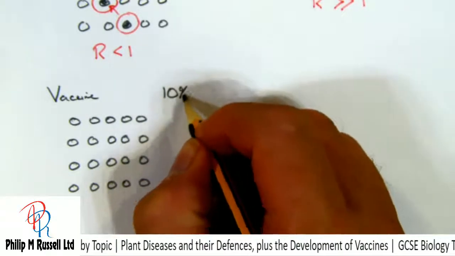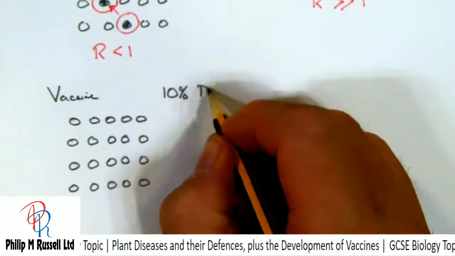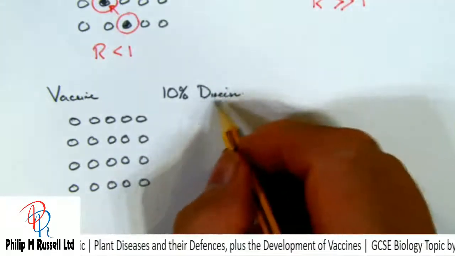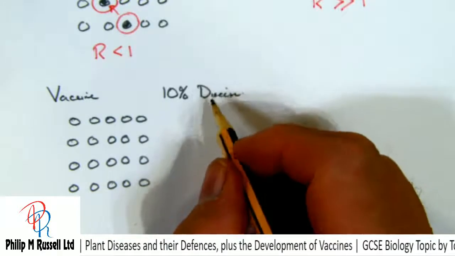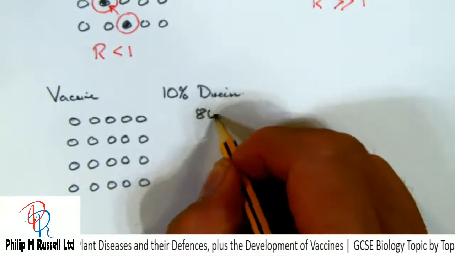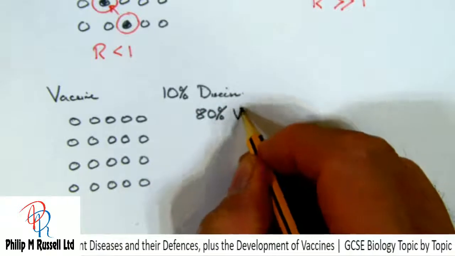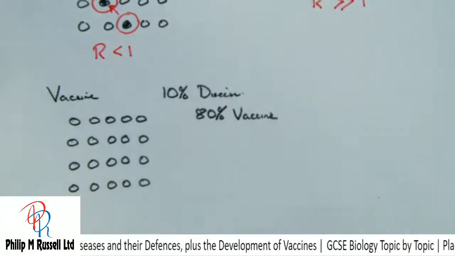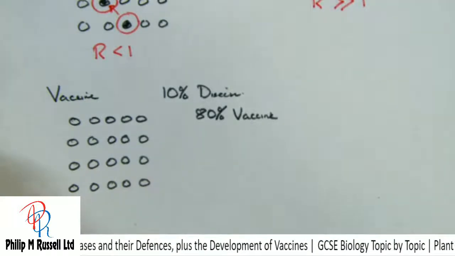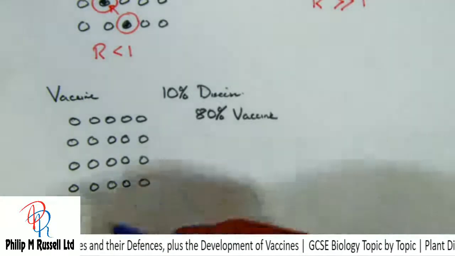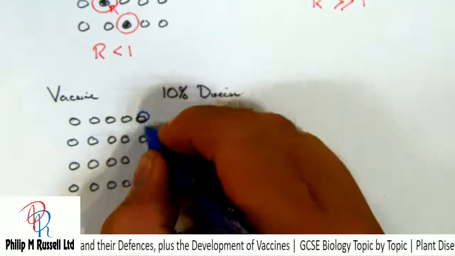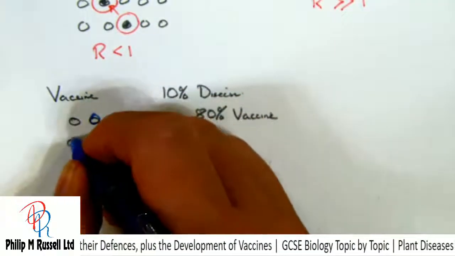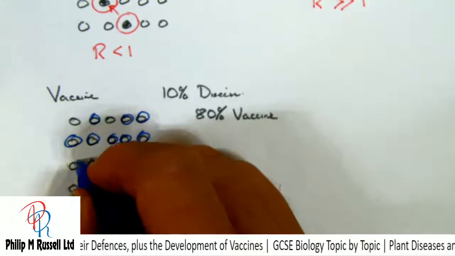So that's 10% who've had the disease. They've got, in fact, hopefully some immunity, but we can now manage to give 80% of the population a vaccine.